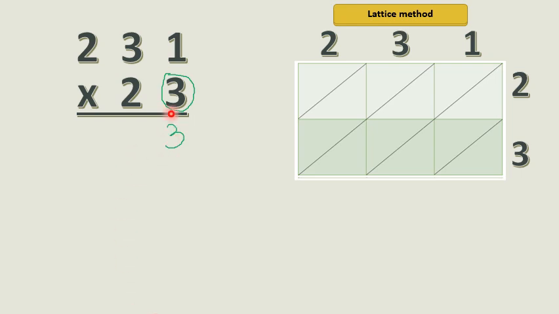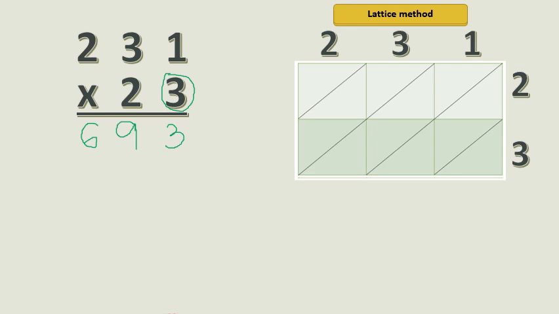Then, itapat natin siya dito para pantay-pantay. Then, tapos na tayo dito sa 1, dito na tayo sa sunod. So, 3 times 3 is 9. Then, tapos na tayo sa una, sa pangalawa, sa pangatlo na. So, 3 times 2 is 6. Okay? So, yun pa lang ay pag nag-times sa 3.